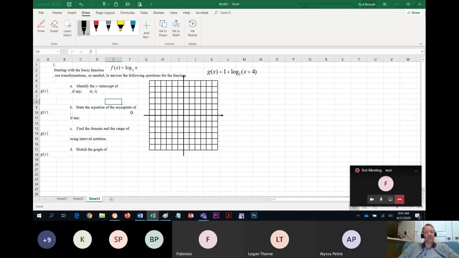Unshifted. Is it kind of like an exponential, but not really? It's the mirror image of an exponential. It's a mirror image across the y equals x line.